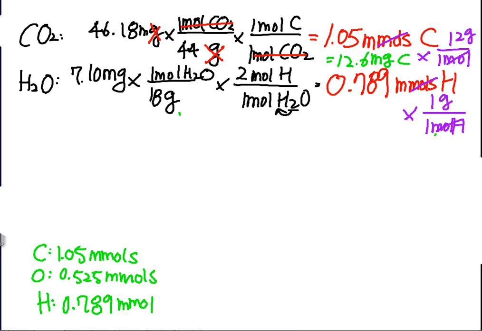Okay. Now, I have three numbers, C, O, and H. To find empirical formula, what do I do? Divide by the lowest number. So out of the three, which one do I want to divide by? I want to divide by the number of moles of oxygen, which is 0.525, for all of them.